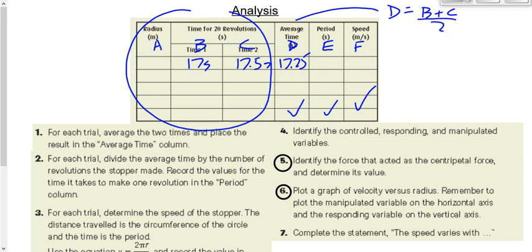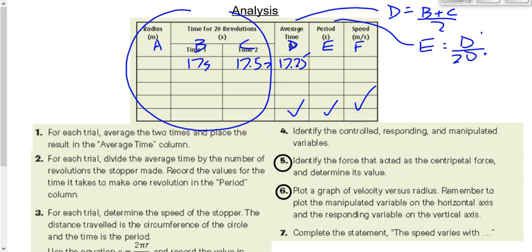Agree? Okay, how do you find the period now? The period is column E, and that's going to be, no, easier than that. How do you find the period? What is it? 20 seconds? No. It's the time per revolution, right? So we're going to say it's column D, or the average time, divided by 20. The time per revolution.